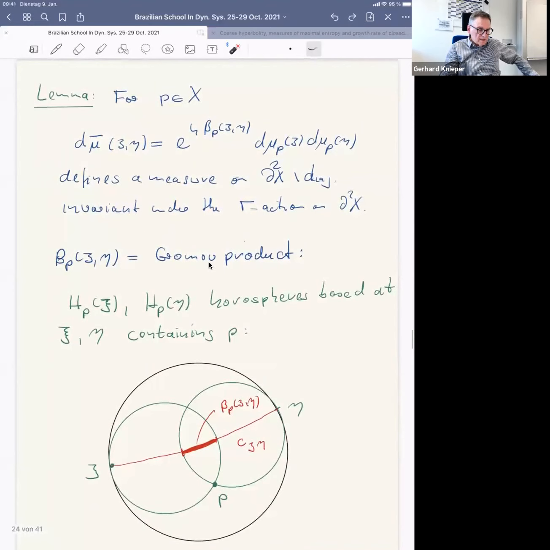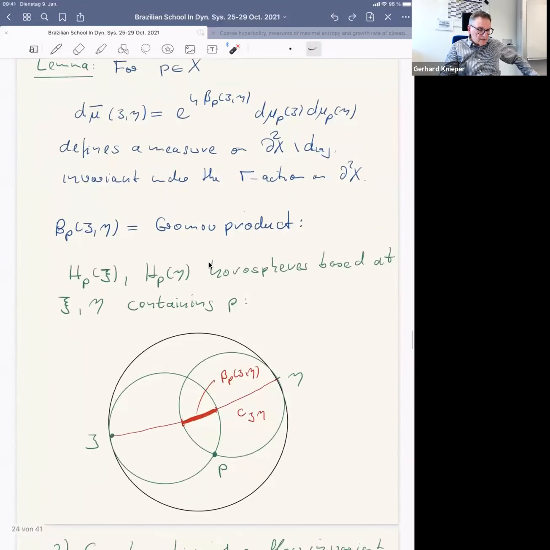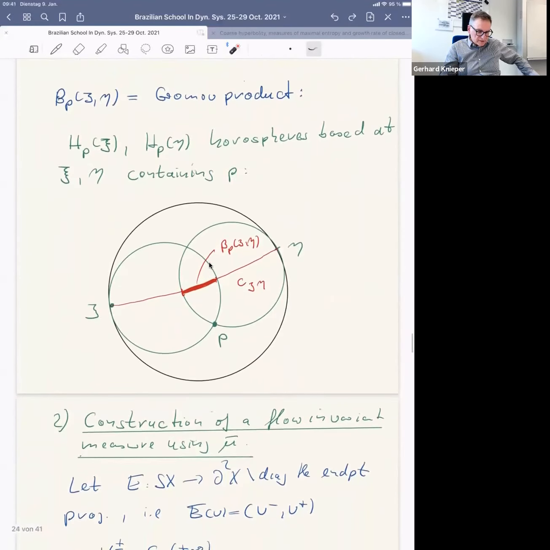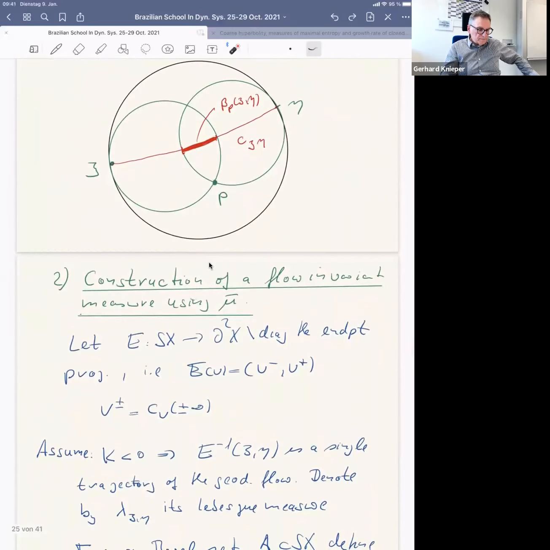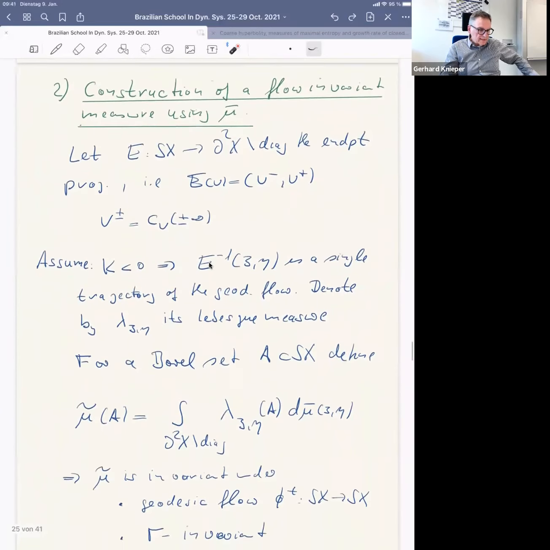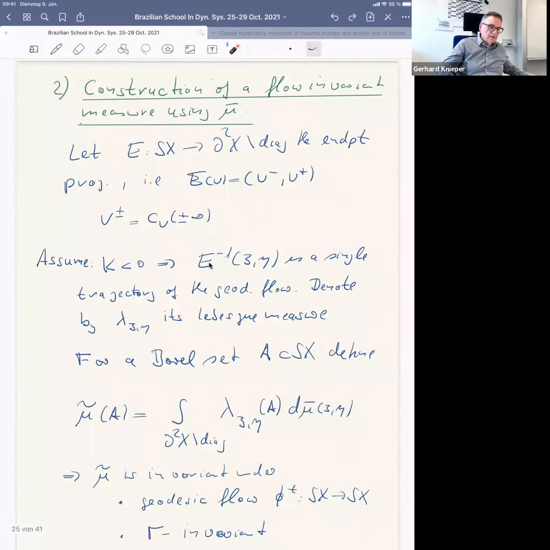And now we are almost done getting an invariant measure for the geodesic flow by introducing something new, which I didn't explain so far. You define a map, which is kind of the endpoint map on the unit tangent bundle of the universal covering, which associates to each vector the endpoint of the geodesic corresponding to this vector.